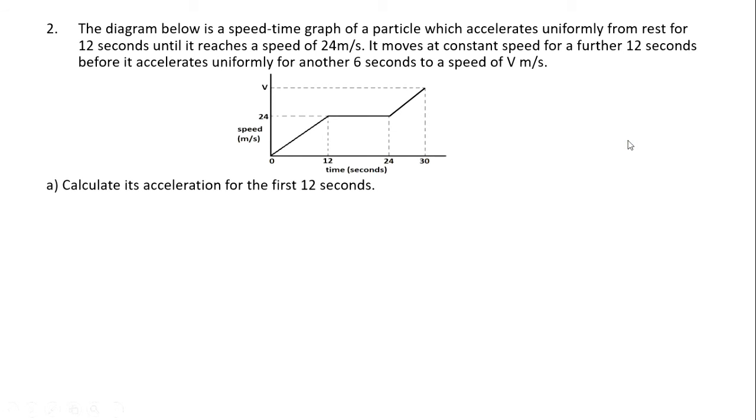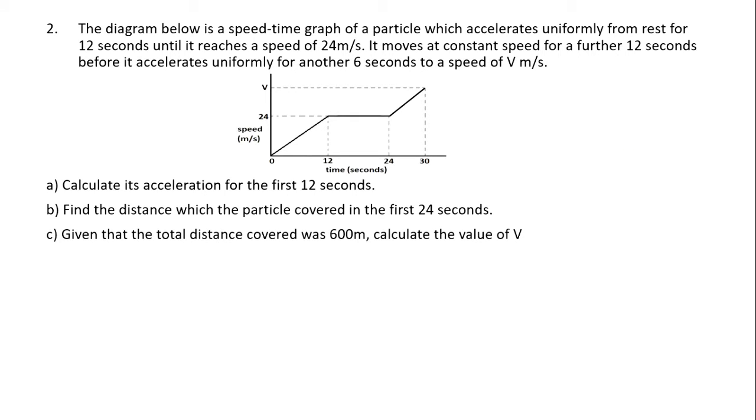Calculate its acceleration for the first 12 seconds. Find the distance which the particle covered in the first 24 seconds. Given that the total distance covered was 600 meters, calculate the value of v.